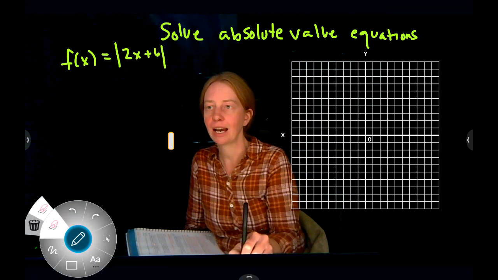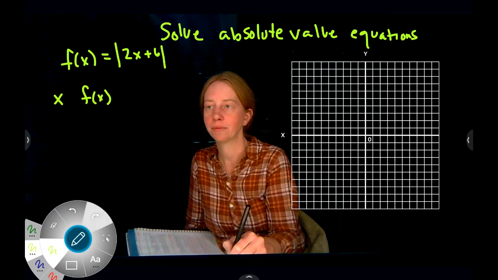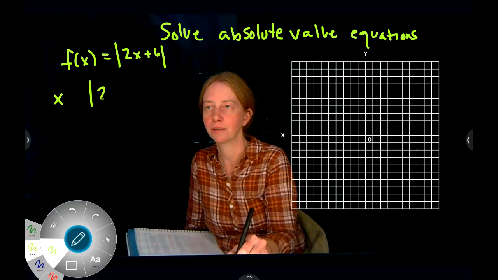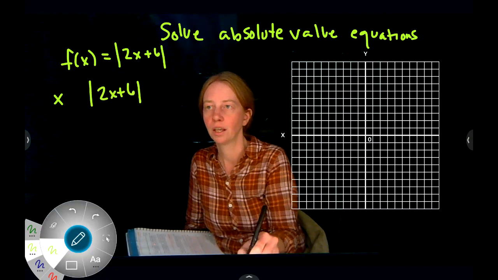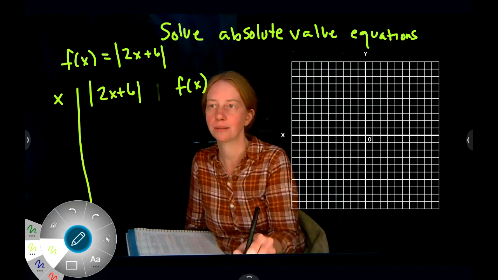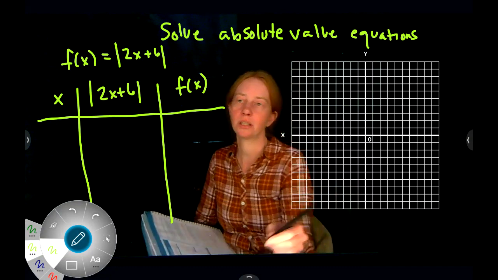We're going to make an absolute value XY chart with the x, the function, and then the actual function result. That'll make more sense. We just want to test some numbers and see what we start getting.